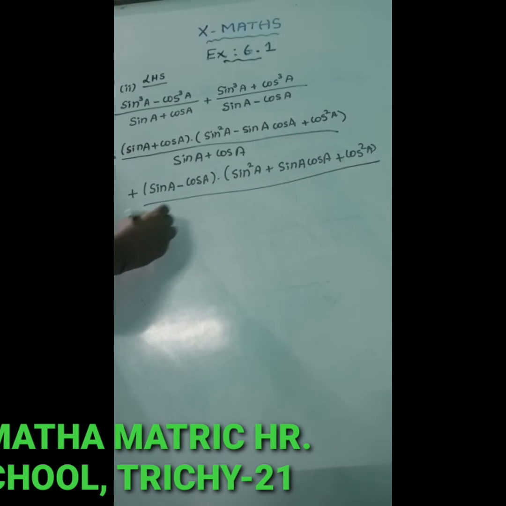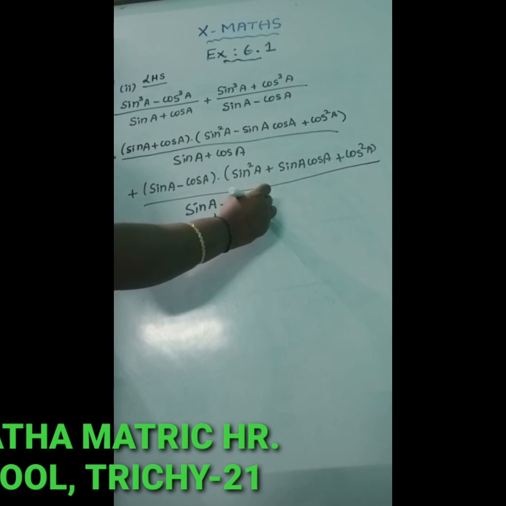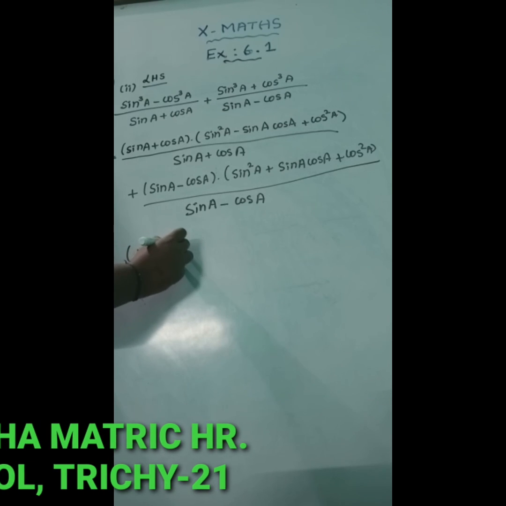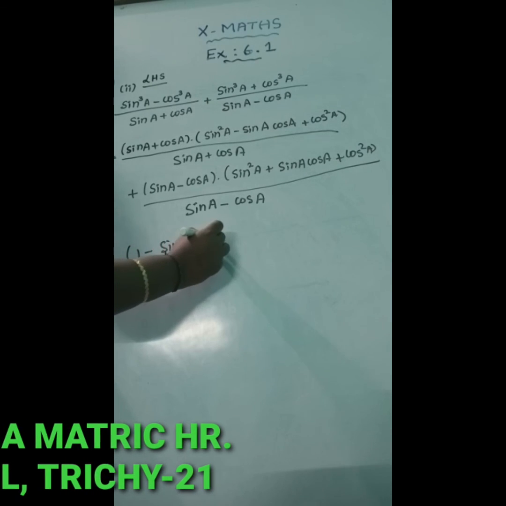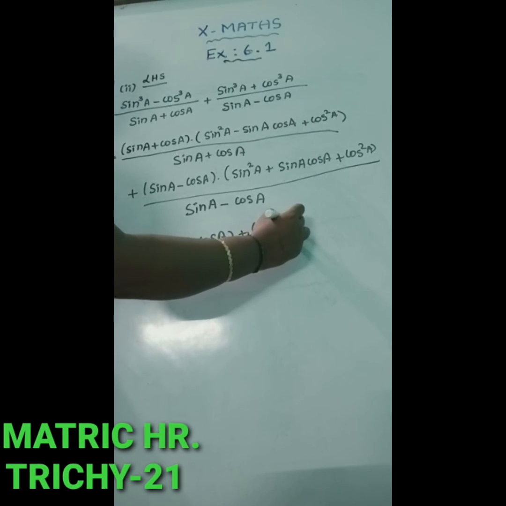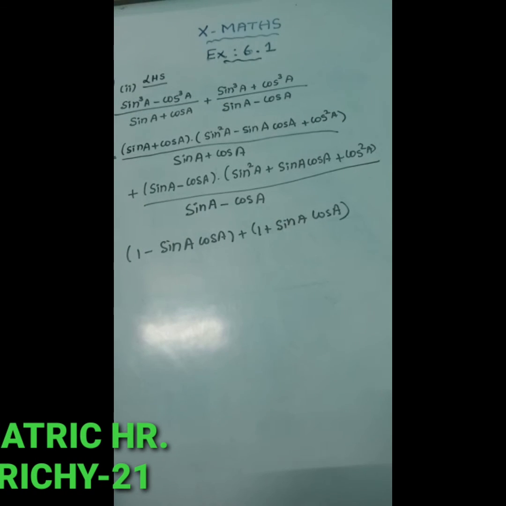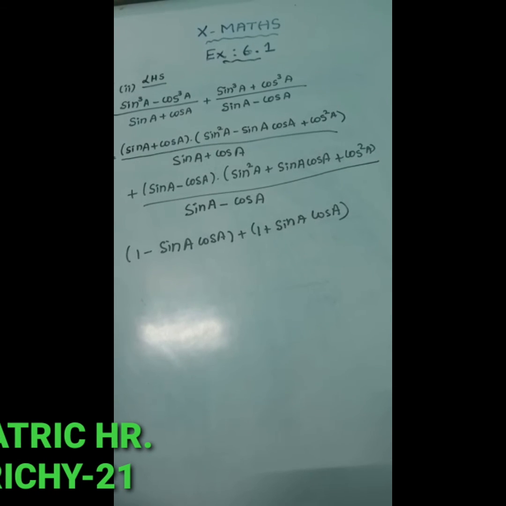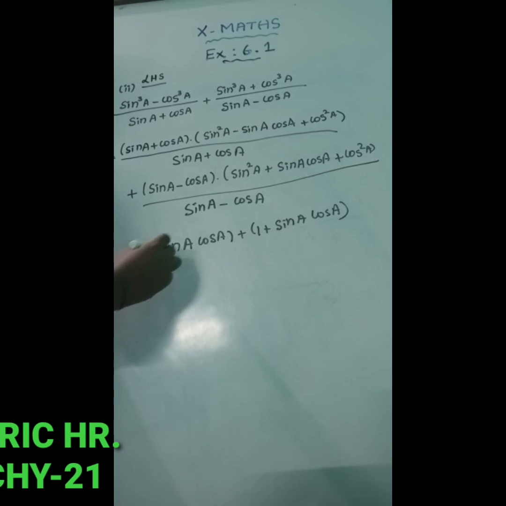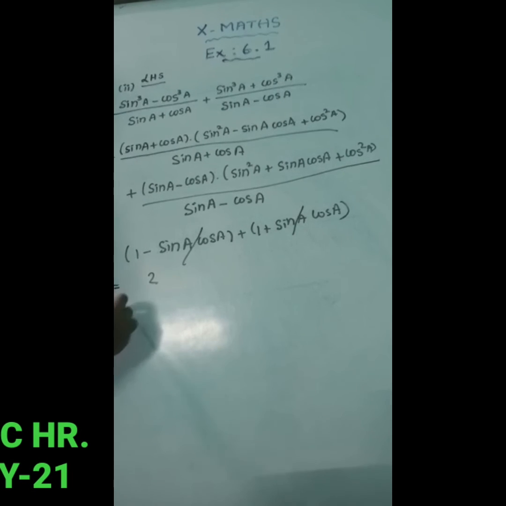Whole divided by sin A minus cos A. So we write it as 1 minus sin A into cos A plus 1 plus sin A into cos A. Simplify this: 1 minus sin A cos A plus 1 plus sin A cos A. The sin A cos A terms cancel, so 1 plus 1 is equal to 2.